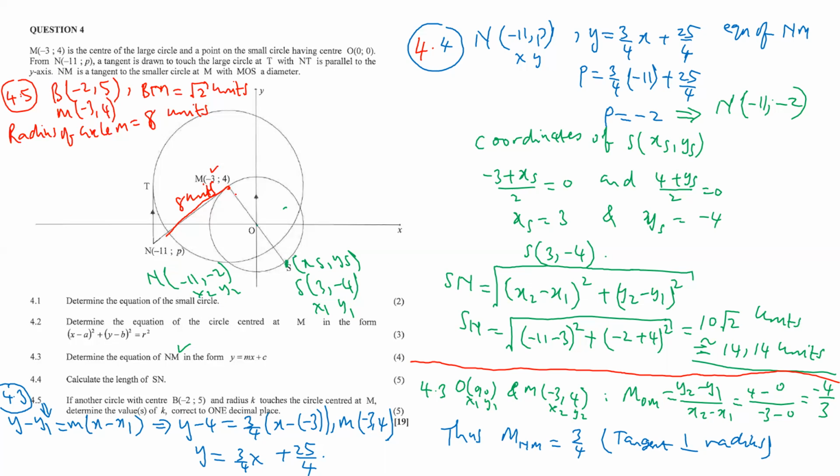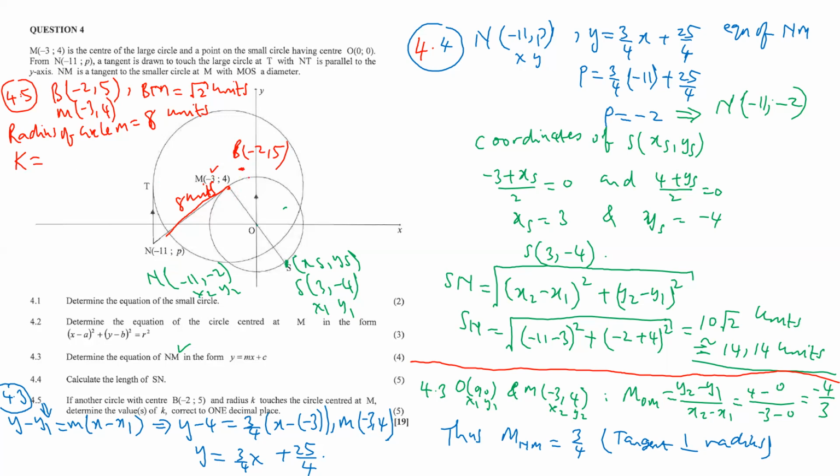We can find another one where x is -2. X is -2 and y is 5, so it's a little bit higher somewhere there. So the point B is somewhere here, -2, 5. Okay?